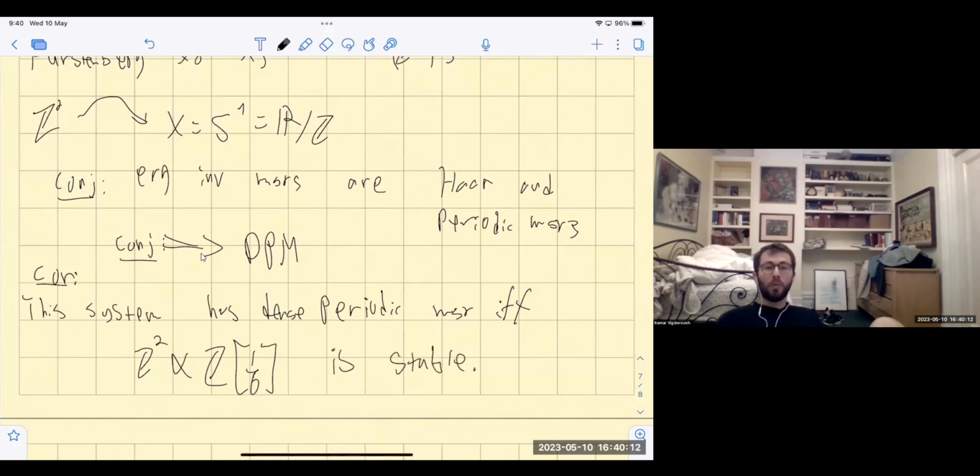So this is an example where we know how to translate this stability question to a dynamical problem, but we don't know how to solve the dynamical problem.